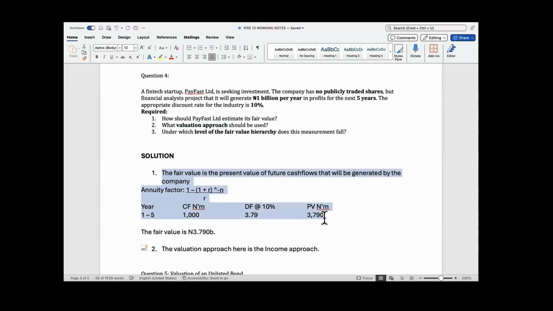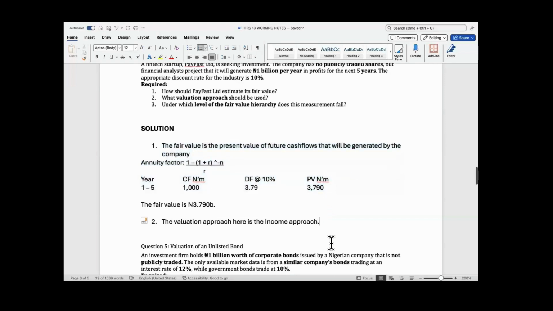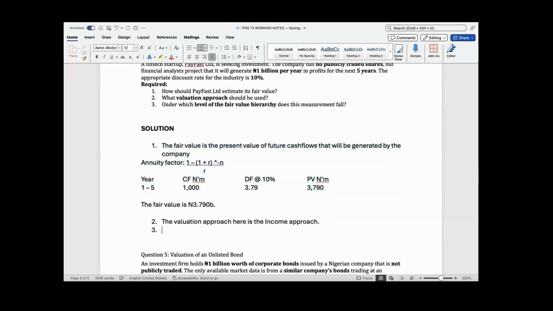You see them giving you discount rates, and they will tell you that the asset generates some amount every year. You know that if they ask you to calculate fair value, you are using DCF. You will use DCF, and that's the income approach. And so which level of fair value hierarchy is this? Level what?